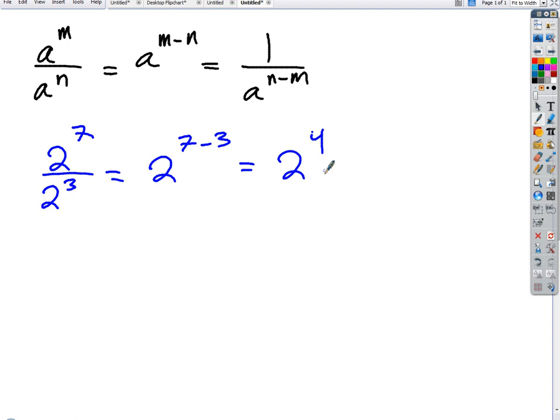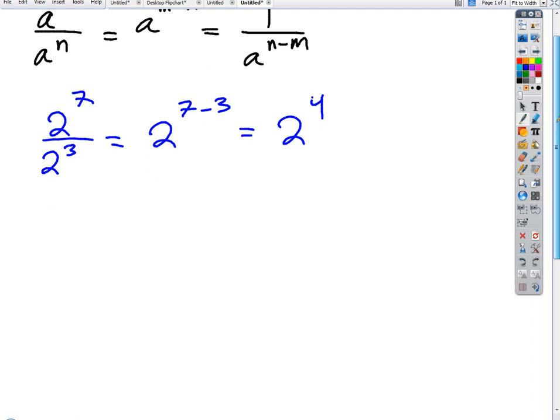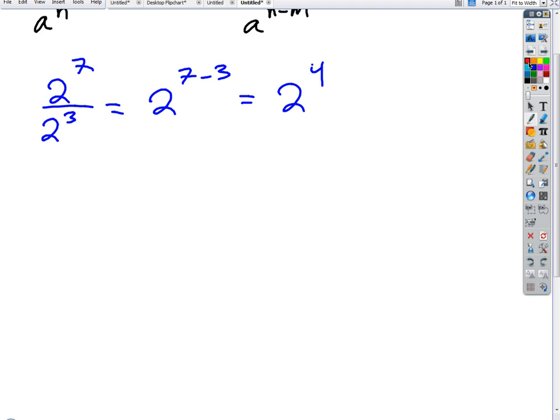Okay, now let's try something a little different. What if I have something like x to the 9th over x squared? Oh, excuse me, I did that backwards. Start over.